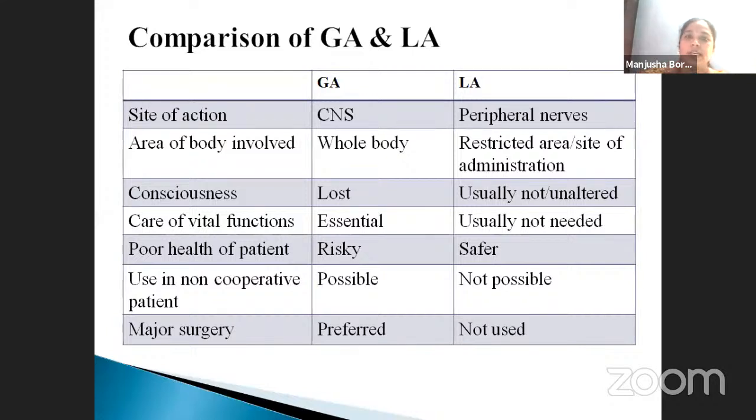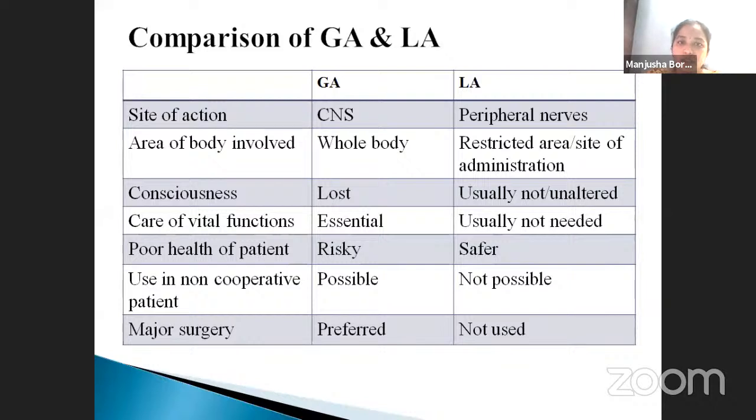The whole body is involved in general anesthesia, whereas a restricted area or the site of administration is involved in local anesthesia. If general anesthesia is given to the patient, then vital organ monitoring plays an important role, but it is not that important with local anesthetics.